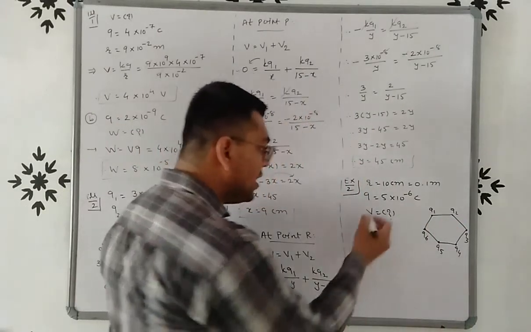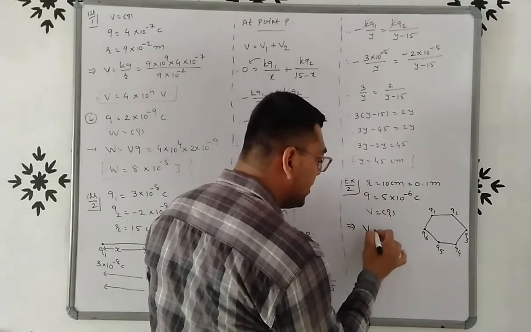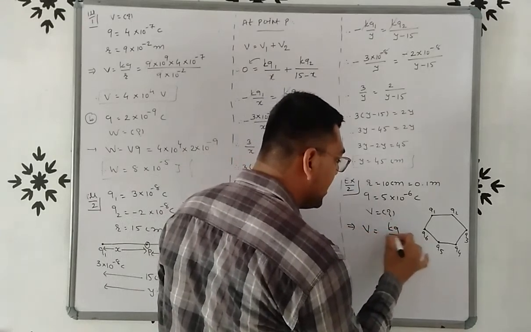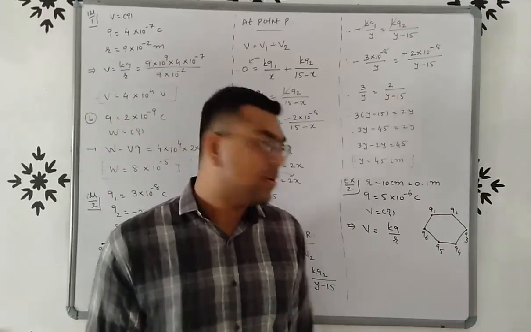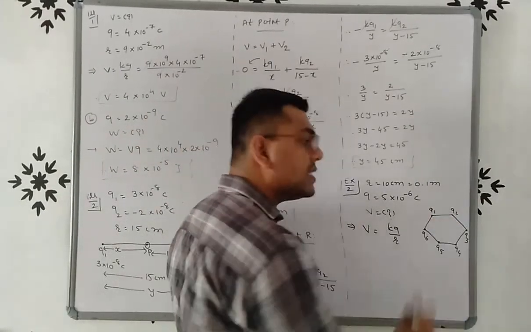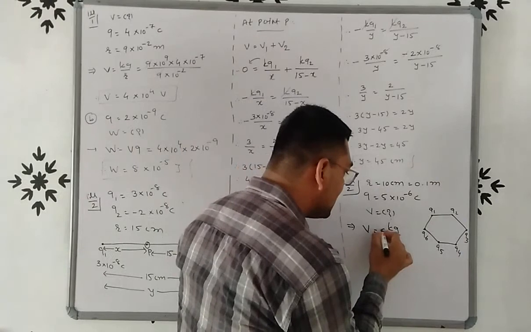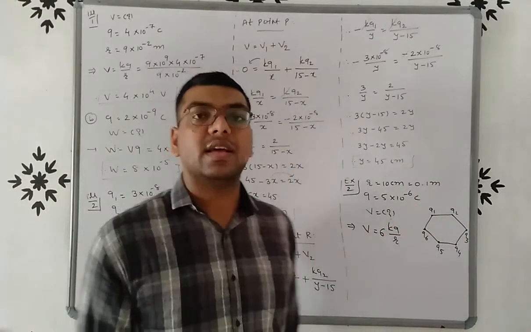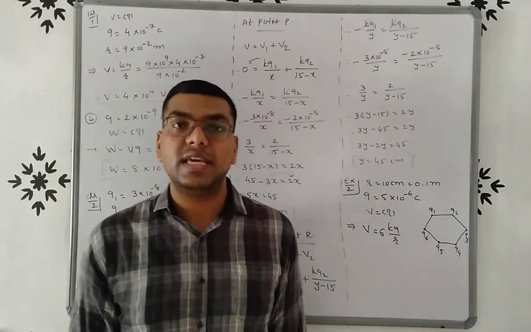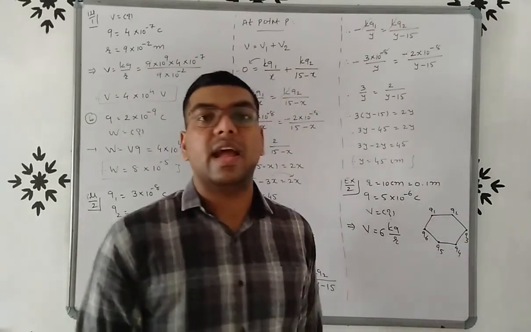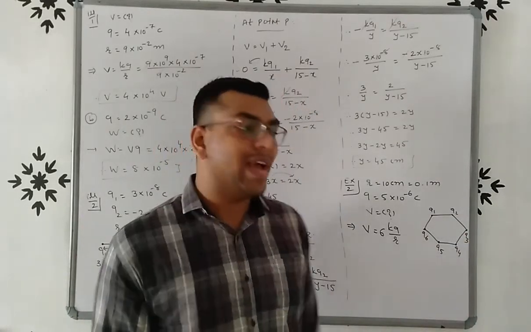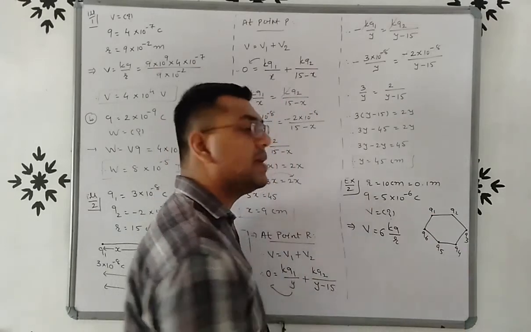To find the total potential, we know the formula of potential V is equal to KQ by R. But here there are 6 charges, and the values of the charges are the same, so the potential is 6 times.